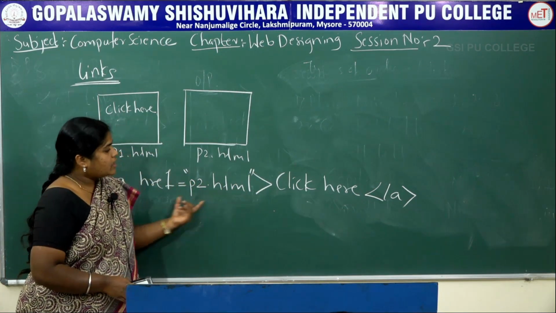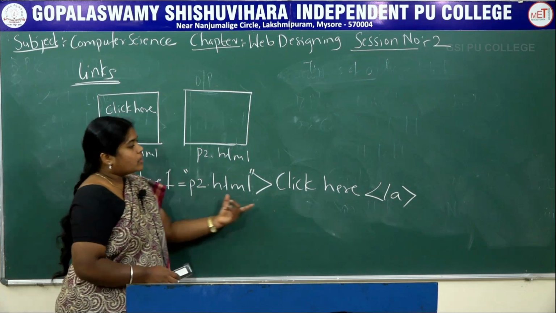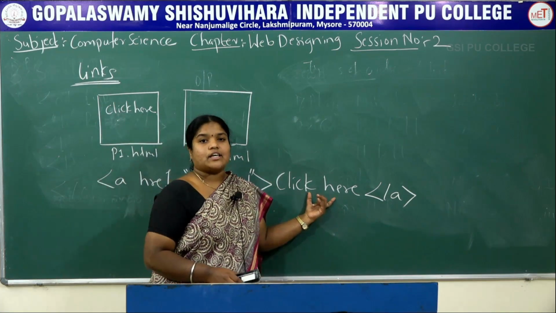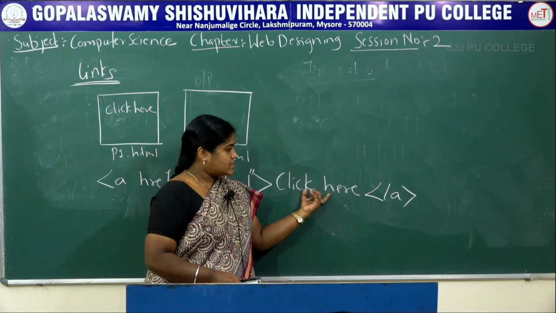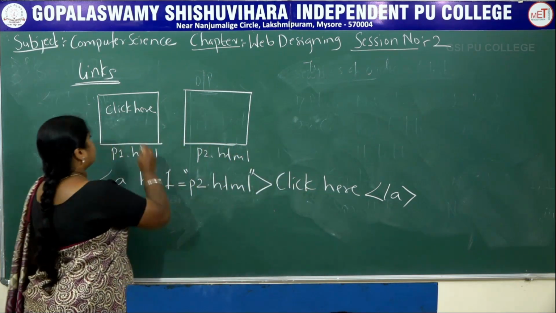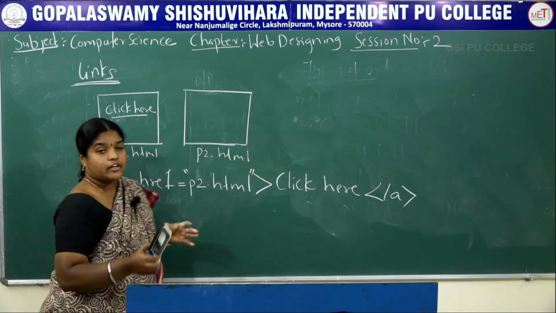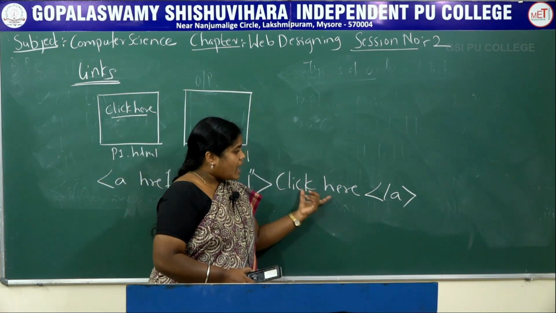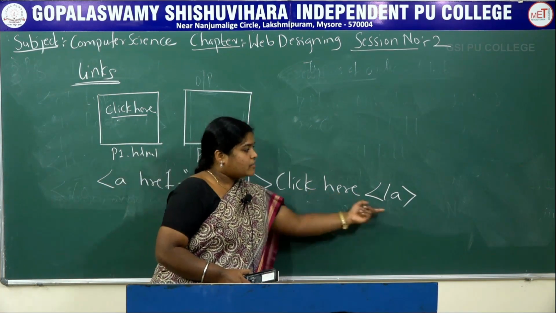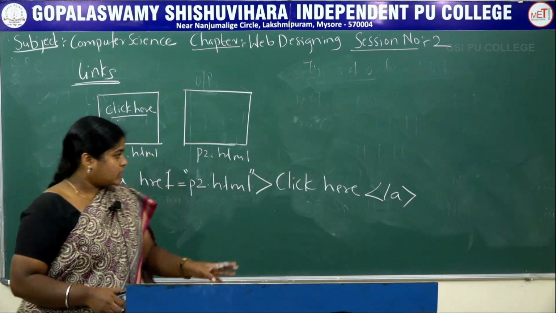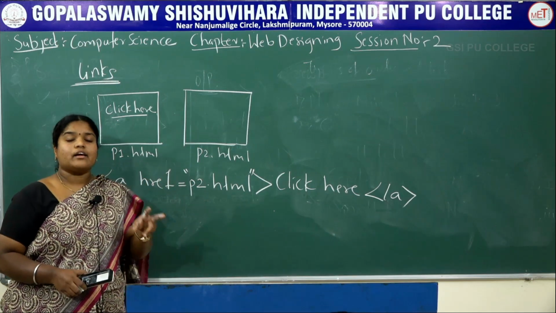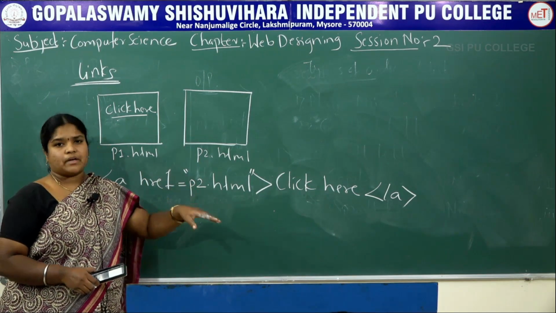Then after this attribute, we are going to specify the text that should work as a hyperlink, that is click here. Here click here will be underlined and displayed in blue color. After specifying the text, we are going to close the a tag or anchor tag. So this is how you can link two or three pages together.